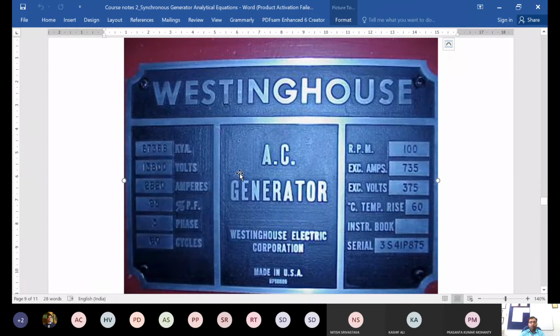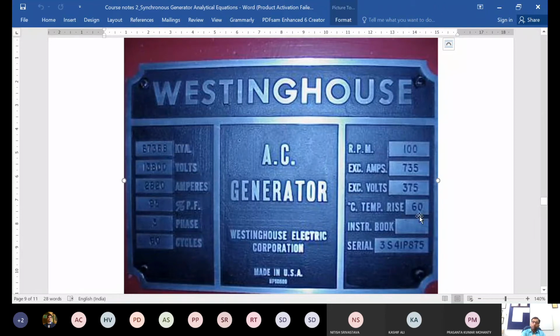This heat dissipation will occur over some period of time, right? Because I square R is the power loss, but I square R into T is the energy which is being dissipated through heat. So when we look at the energy dissipation through heating in the windings, that is basically I square R into T. So this time T is also coming into picture.